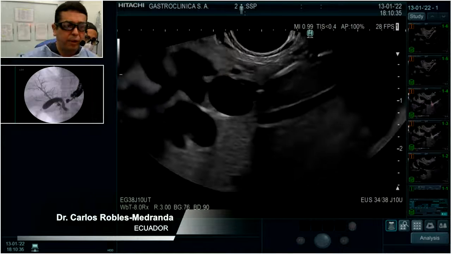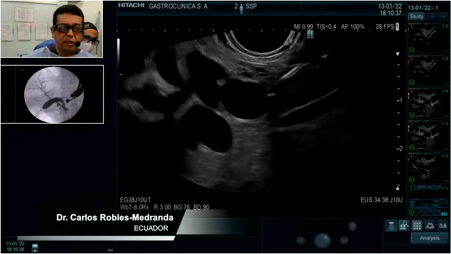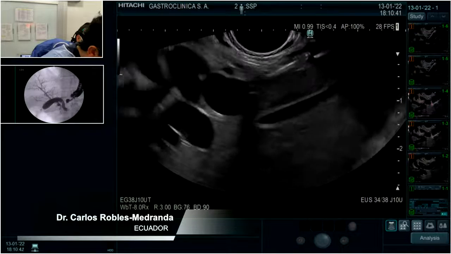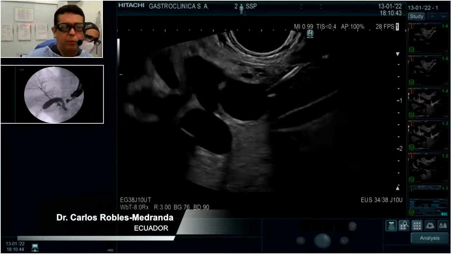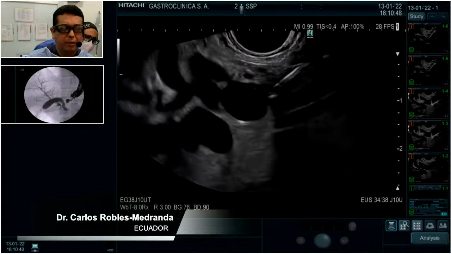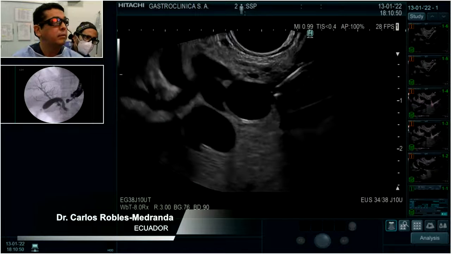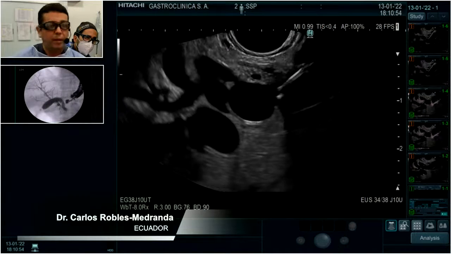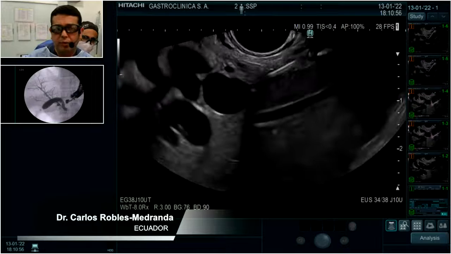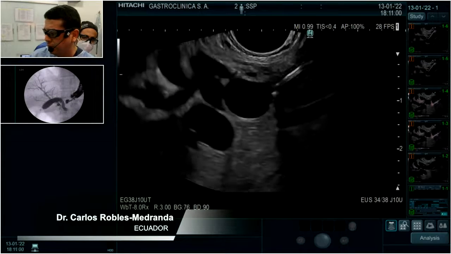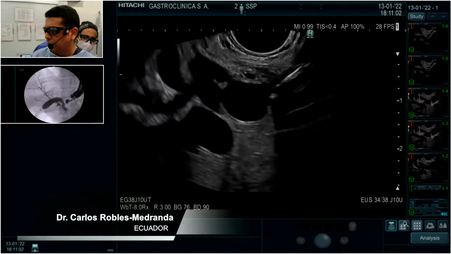I will create a fistula between the stomach and... we are just at the level of the cardia, a little bit down. And my idea is to evaluate inside then using a cholangioscope, the French cholangioscope of Microtech.